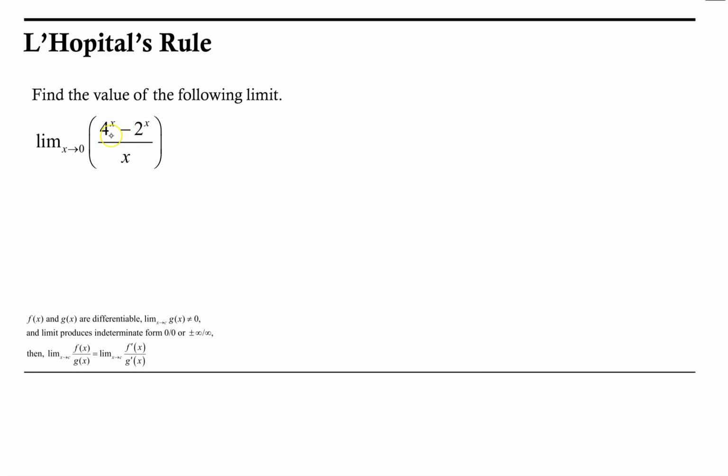So we end up with a 1 minus 1 in the numerator, which is 0. And as x approaches 0, our denominator approaches 0 as well. So we do have an indeterminate form, and our indeterminate form in this case is 0 over 0. So that is an eligible form for L'Hopital's rule.